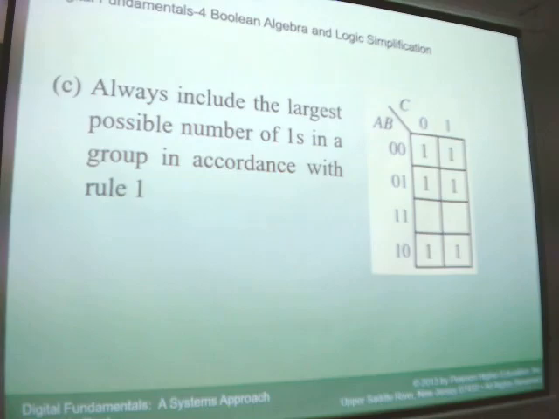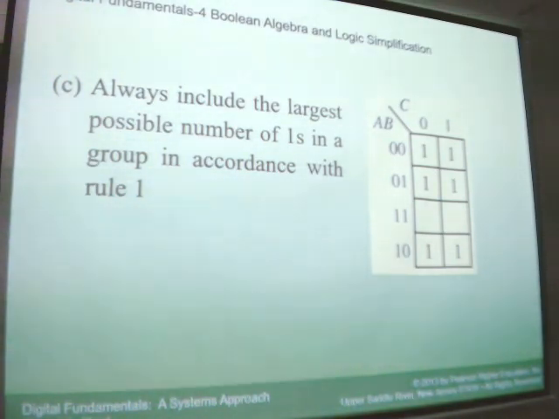So if there are four ones adjacent to each other, we must put the 4 ones into one group, not 2, because the largest possible number of ones is 4.